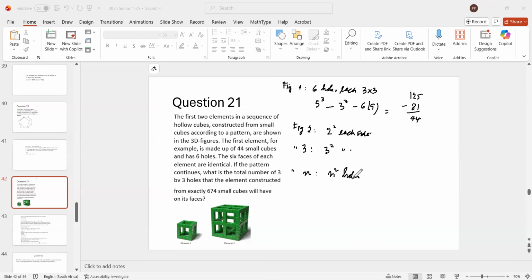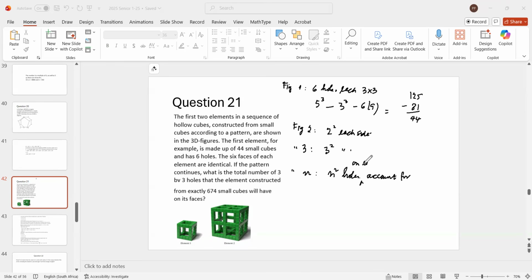Okay. And they will account for each of those n squared holes, the n squared holes on each side.